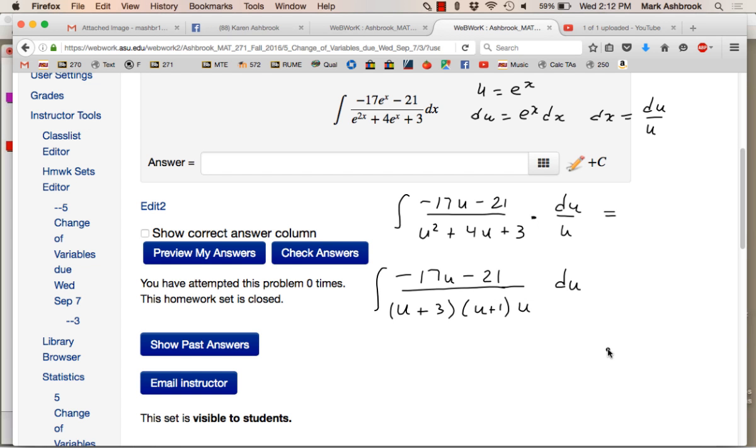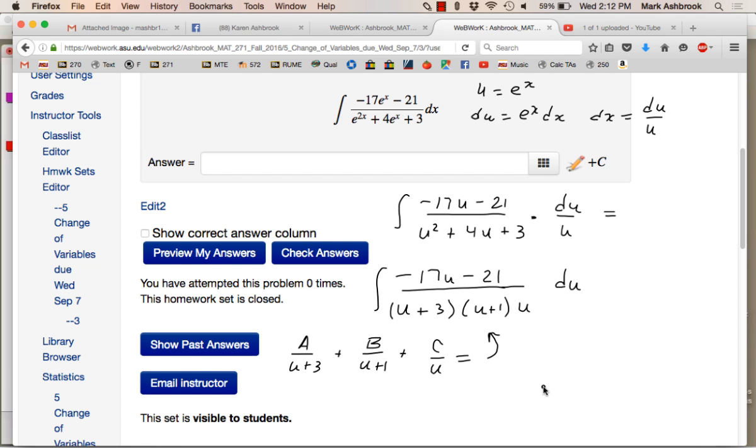It gets multiplied into the denominator. So we actually get 3 partial fractions. When we decompose this, it's going to be a over u plus 3 plus b over u plus 1 plus c over u. I'm not going to do this one. But then we need that thing to equal this.